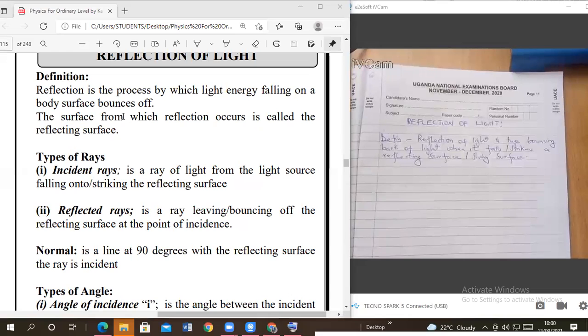Members, reflection is a very important aspect in physics, or under light, because we are able to see because of reflection. We are able to see everything; the rays that fall into our eyes are due to reflection of light.